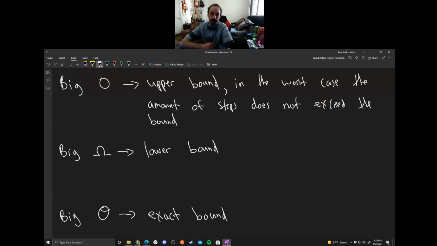So it's the worst case scenario. It will never go beyond this amount. So for example, if linear search is O of n, it means in the worst case, it will never get worse than O of n.